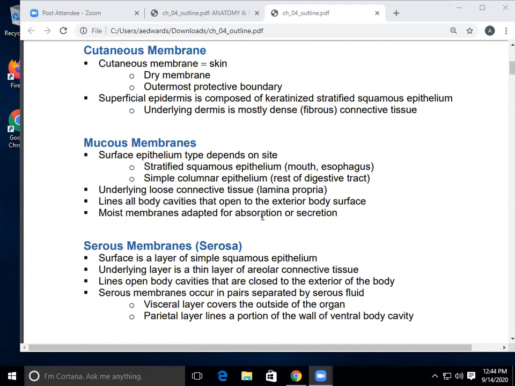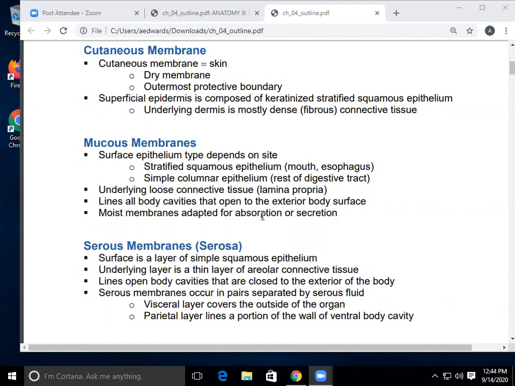So they have a visceral layer and a parietal layer. The visceral layer will cover the outside of that organ. And the parietal layer will line the portion of the wall of the ventral body cavity.